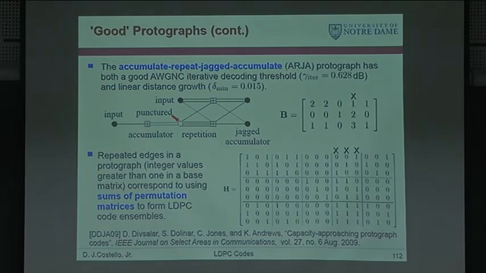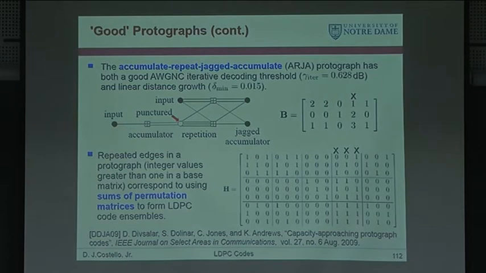And if we have a 3 here corresponding to a triple edge, we have the sum of 3 permutation matrices. With 3 by 3, there's only 3 of them, so they have to be different. You don't want to pick them the same. So that's one little restriction you have to be careful of in lifting these graphs: if you have entries bigger than 1 in the base matrix, you're going to add multiple permutations to make that entry in the big H matrix, and you don't want to choose them to be the same.